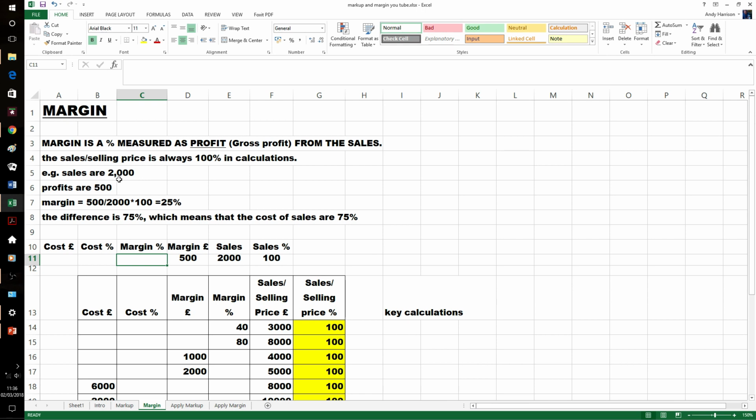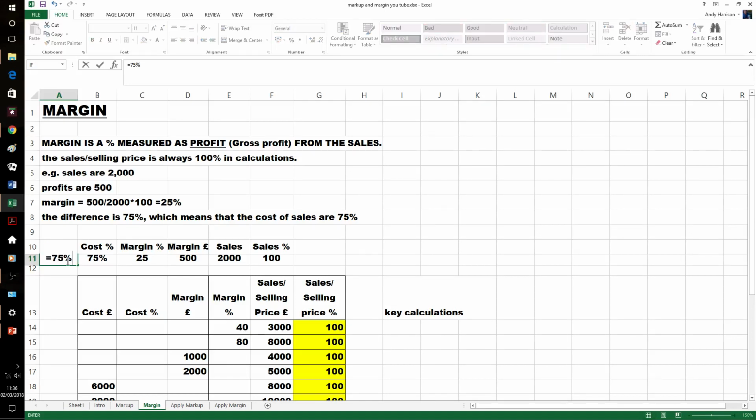So in this case, sales are 2,000, we've got this worked out here, profits are 500, the margin is the 500 divided by 2,000, so we're now using sales as the base, times 100, 25%. If the margin is 25%, the cost must be 75%, because that's got to add back up to 100%.